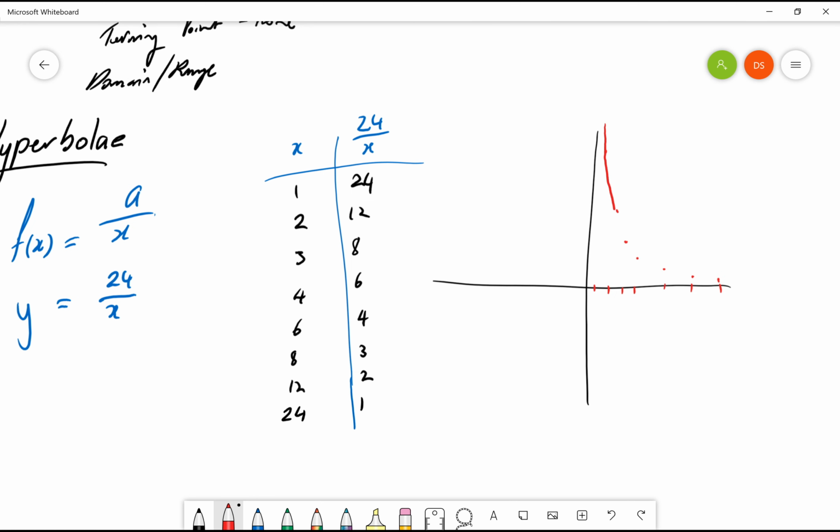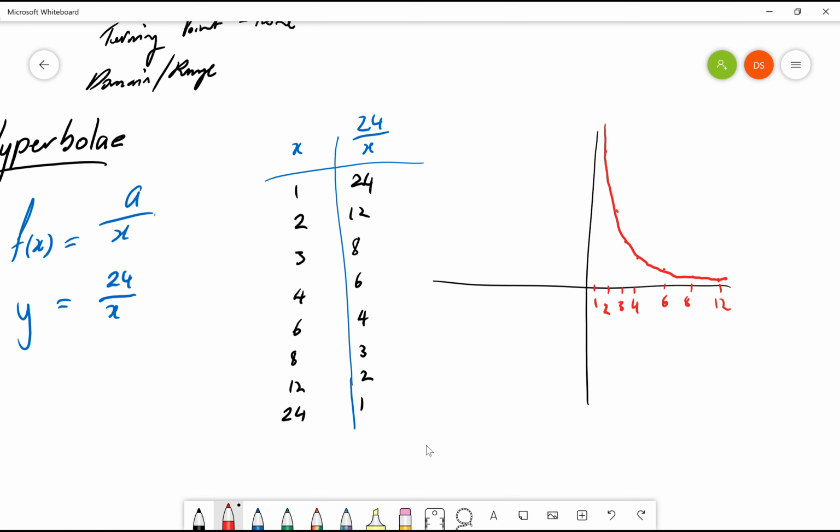And so you get this graph that looks kind of like that. But what's weird, right? So this is 1, 2, 3, 4, 6, 8, 12. I know it's not to scale, but you kind of get the point, right?